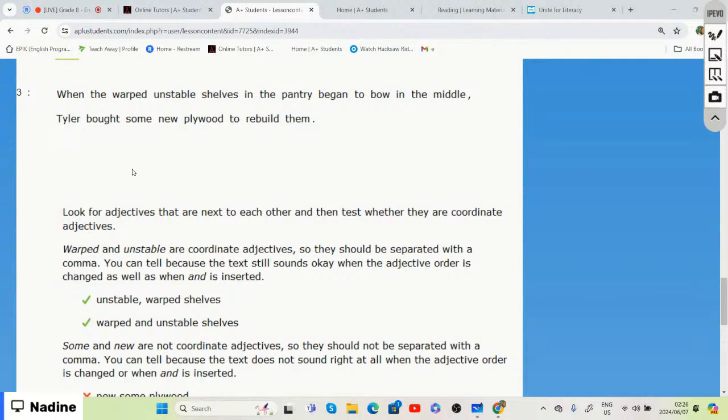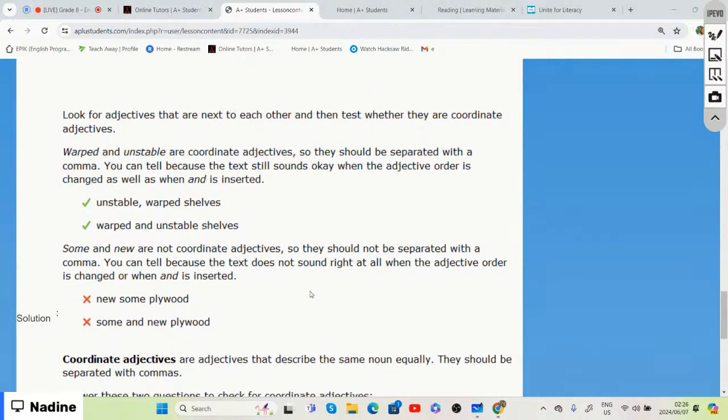And we look at the sentence where we say warped and unstable.